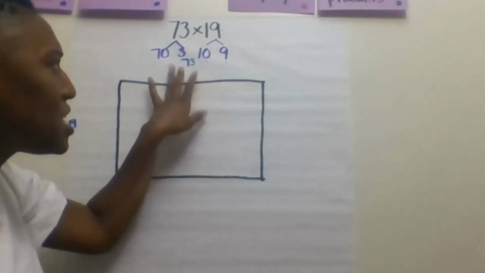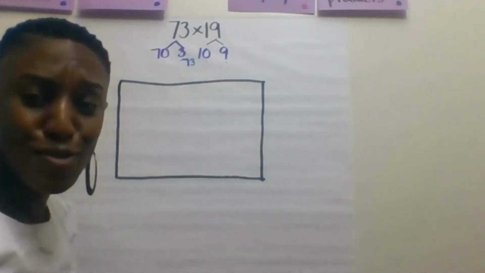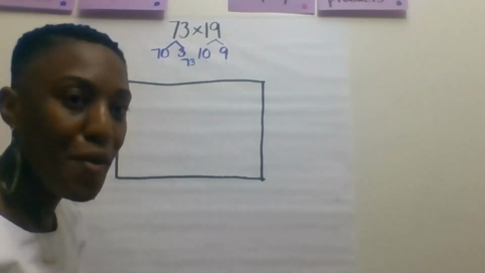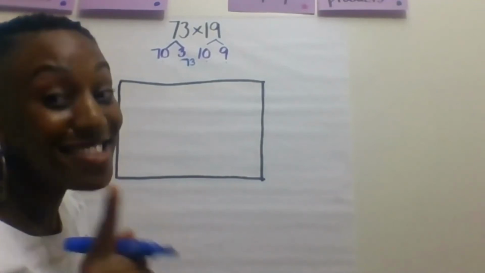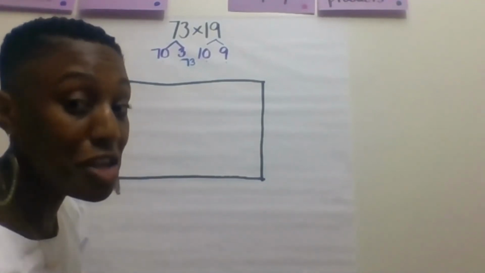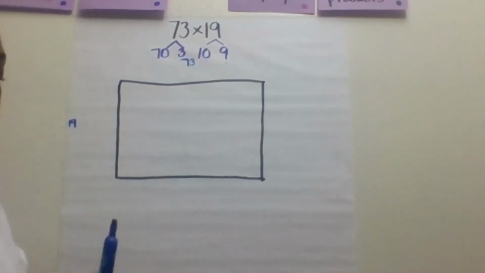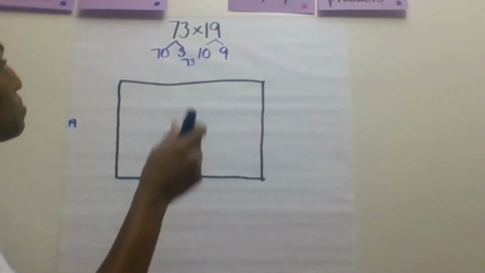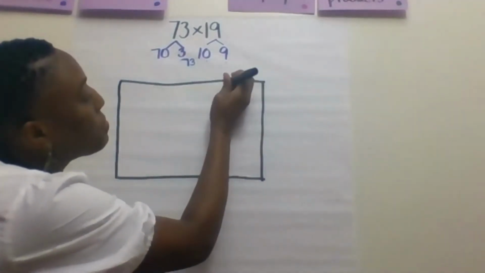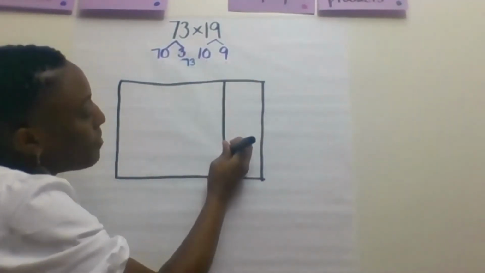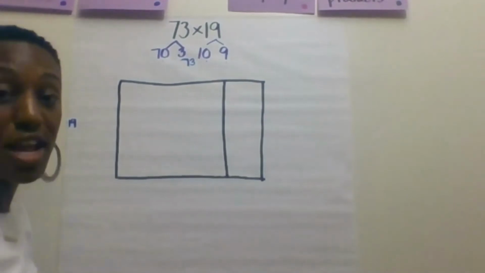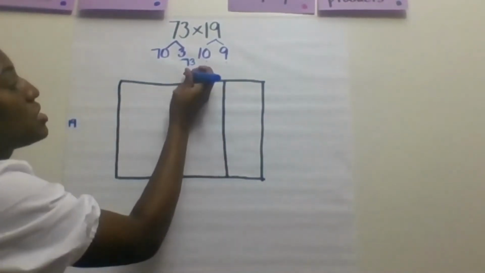So 73, we decomposed it into 70 and 3. Well, I know 70, way larger than 3. So when I draw my area model and I split this part, I'm going to actually put it over here because 70 is way larger than 3. Now let me write my dimensions.